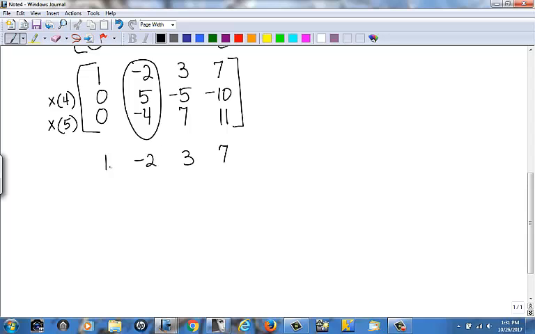Multiply across by 4. So that'd be 20, negative 20, negative 40. Agree? Multiply across by 5, that'd be 0, negative 20, 35, 55.